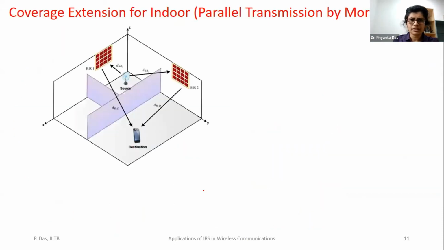Coming to scenarios. Now I will talk about coverage extension. It's an indoor setup. There is a source, there is a destination. So the situation is something like this. The source and destination are blocked. There is a wall and there are IRS elements sitting in this wall and this wall.